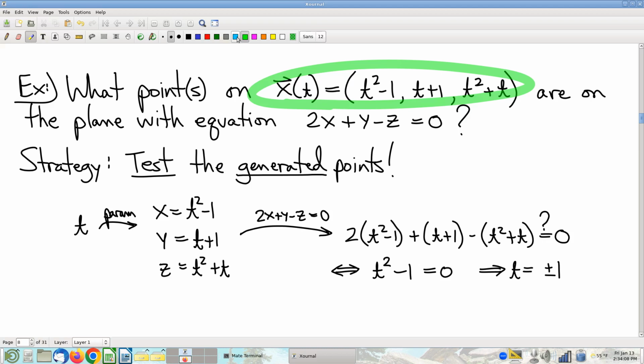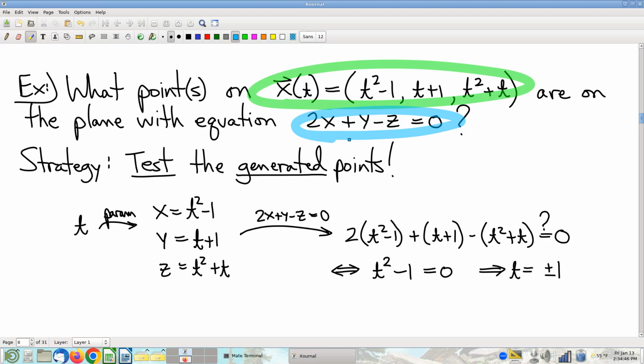And I want to know, where does that intersect this plane? Now, notice in the statement of the question, it didn't explicitly say that this is a parameterization. It's just, here's this thing, which points are on this plane. Part of your job as a student is to recognize what these things are that I've been given. I have a thing that spits points out. I have a thing that eats points in.